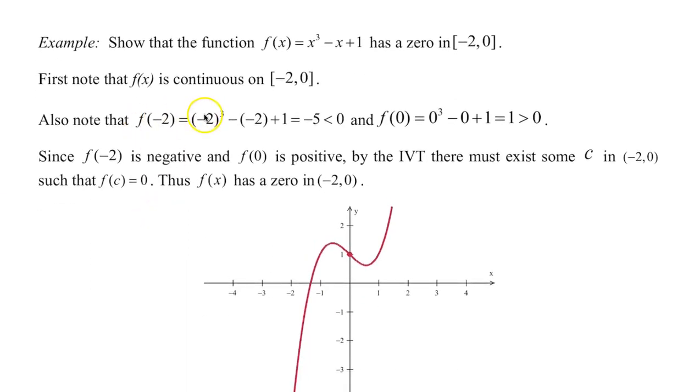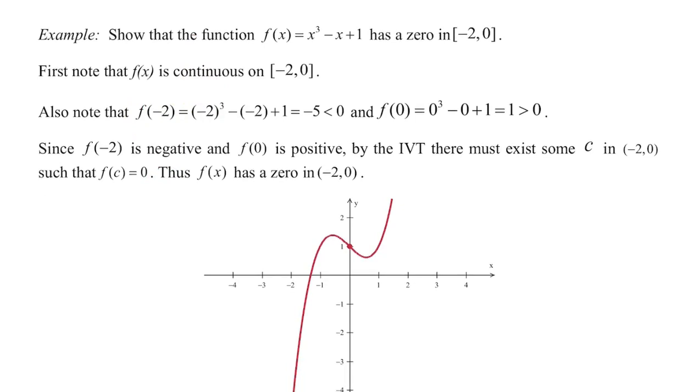Here's some work done already, but here's the actual question up here. Example: show that the function f of x equals x cubed minus x plus 1 has a 0 in negative 2, 0. I actually did the work here, but I want to show you step by step. So step 1: if you remember when we were talking about continuity, the number 1 rule before anything else is we have to show it's continuous. Otherwise IVT doesn't work. It has to be continuous to work.